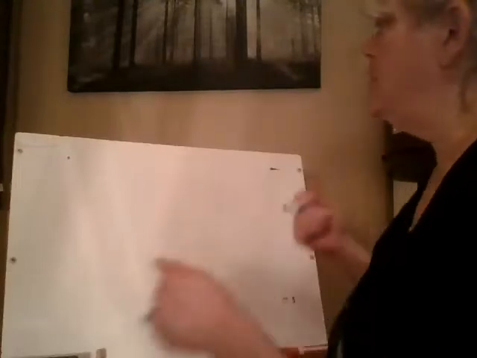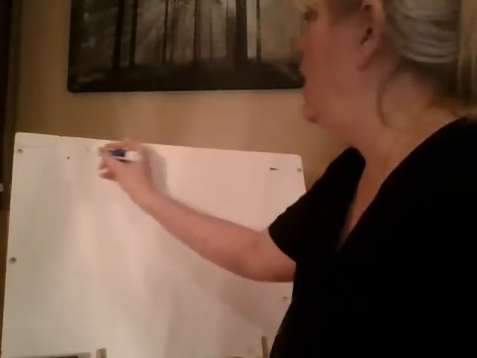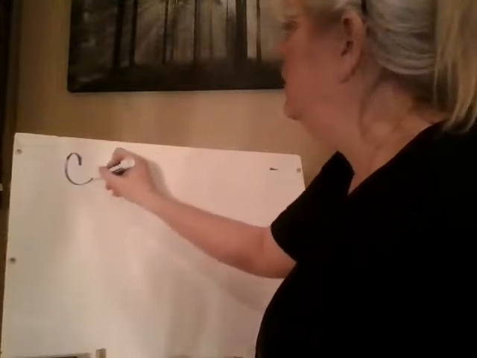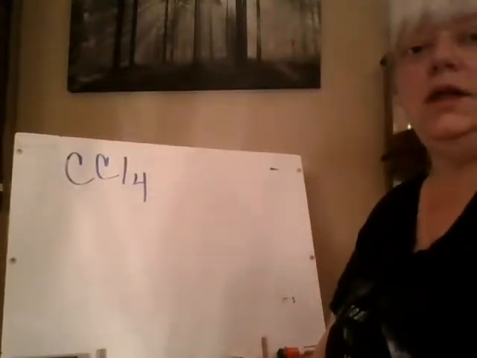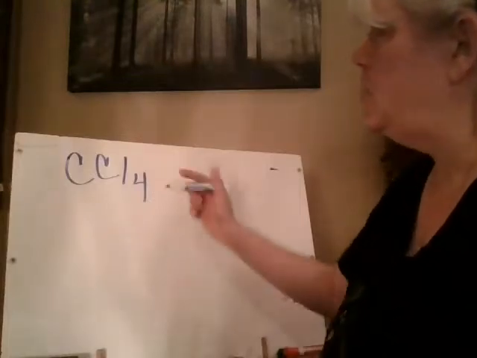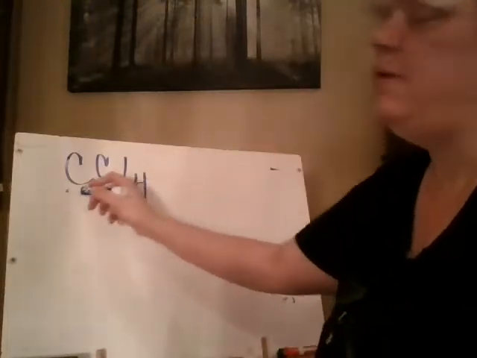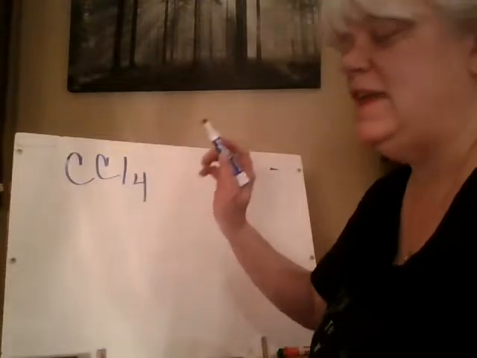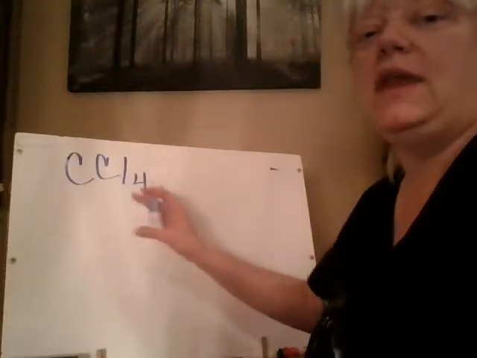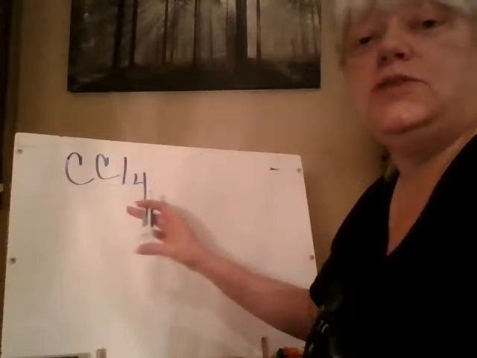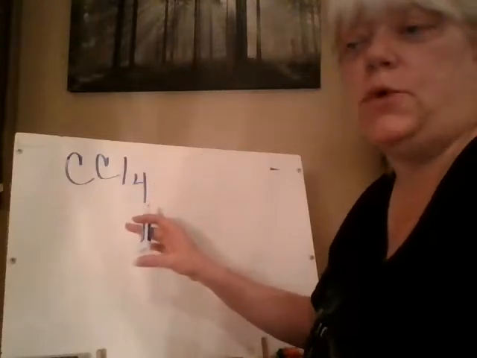All right, so we're going to do CCl4. Okay, now in CCl4, remember that the subscript numbers are what tell you how many of those elements are attached to that subscript number.